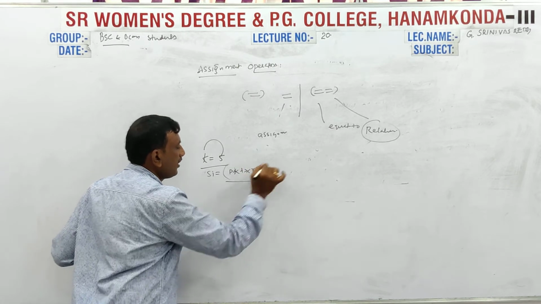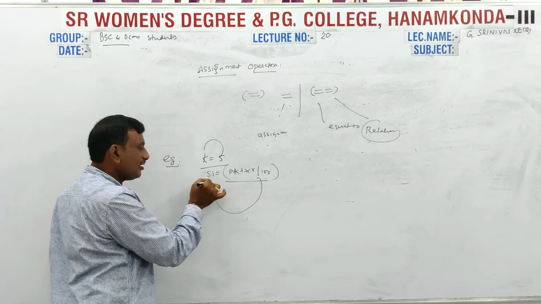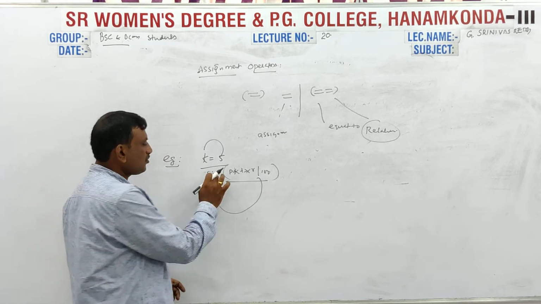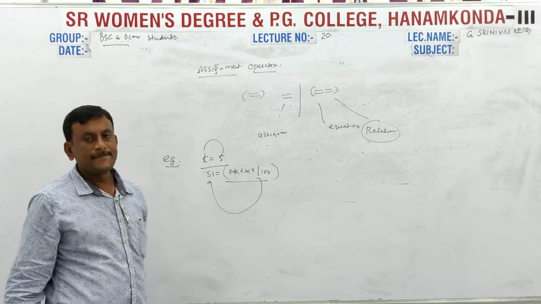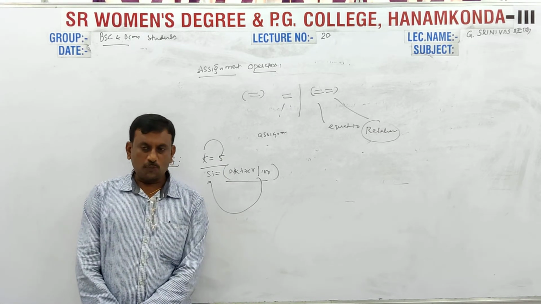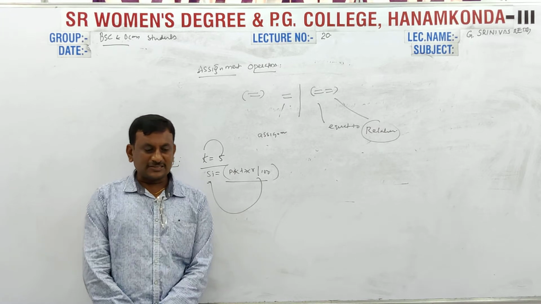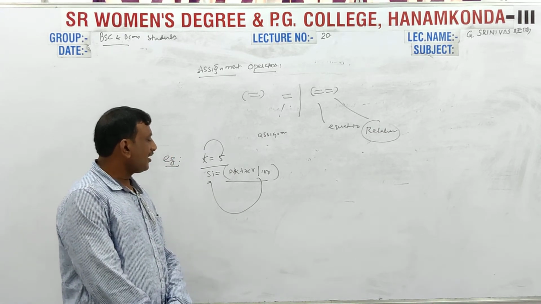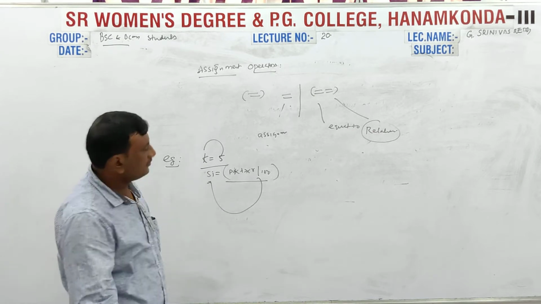This is the expression, and the expression will be assigned to the variable SI. This is called the assignment operator. Assignment operators are mainly used for assigning a value or expression to a variable. Clear with it?